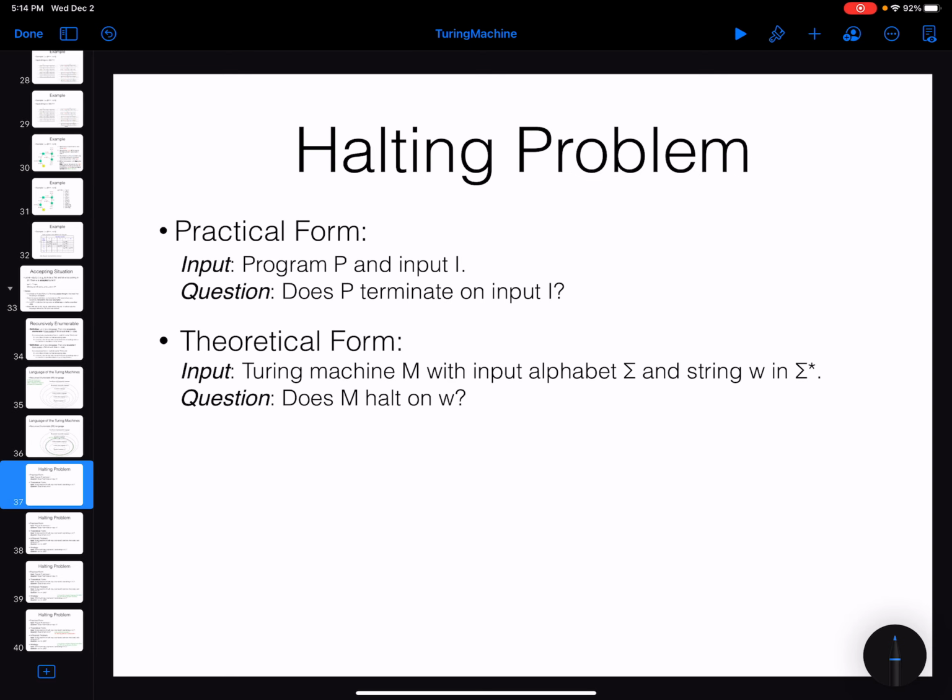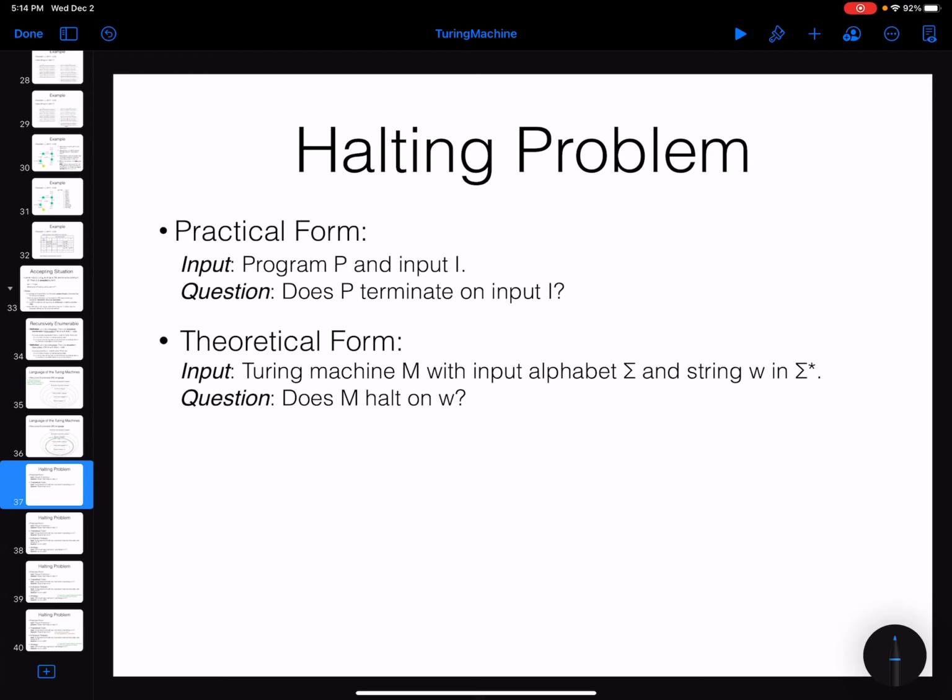Informally, you can think of it this way: you have a program and an input I. You want to know whether your program is going to go into an infinite loop, or it will terminate over the input I. This question is not decidable. We cannot answer this question.